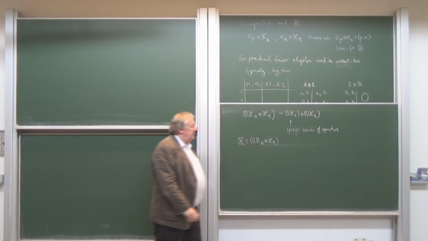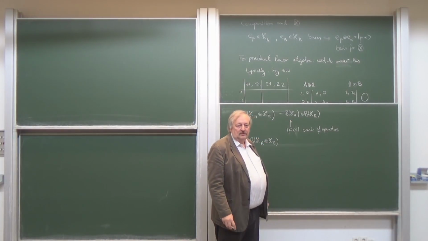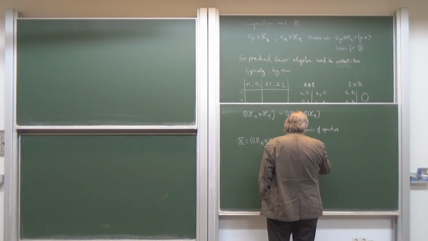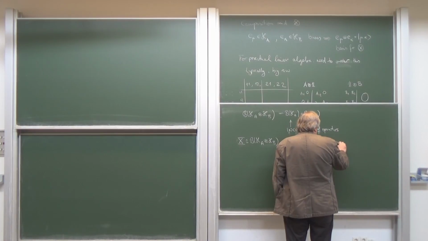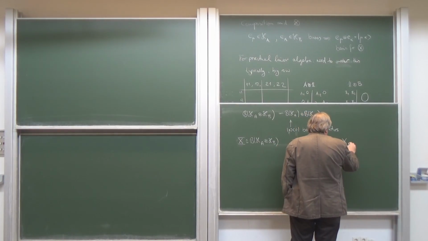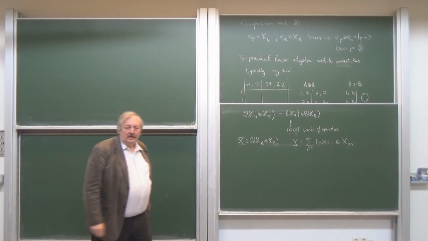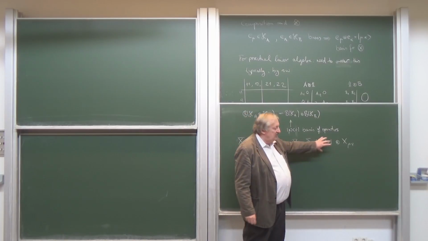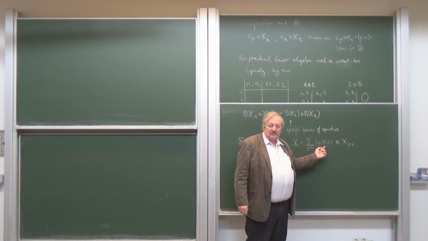I can expand by choosing a basis in the first factor. So x can be written as a sum of a mu and nu, then these operator tensor something that is left in the second argument. Every operator by definition can be written as a linear combination of simple tensors.